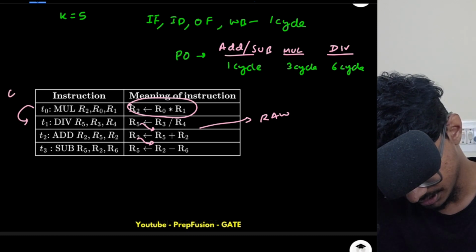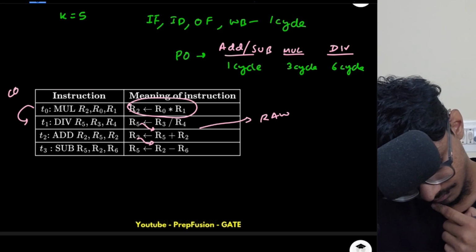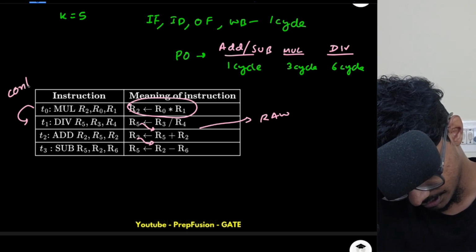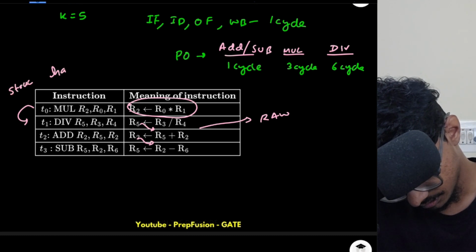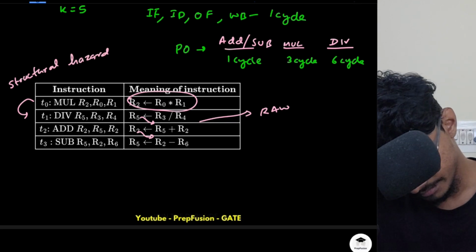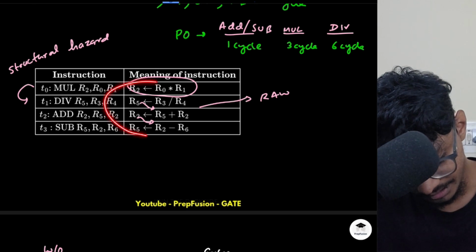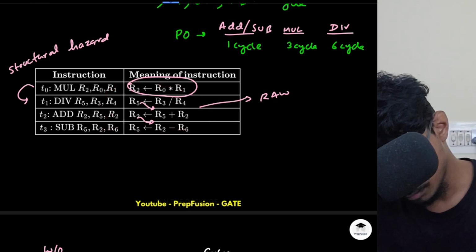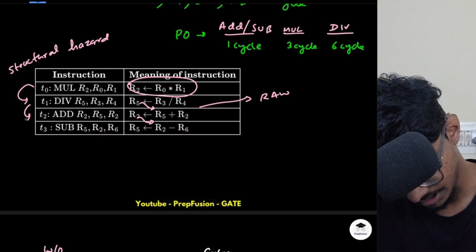There is a control hazard actually. Not control, sorry. There is a structural hazard. And here, there is a data dependency, but that I can ignore because here also there is a structural hazard.